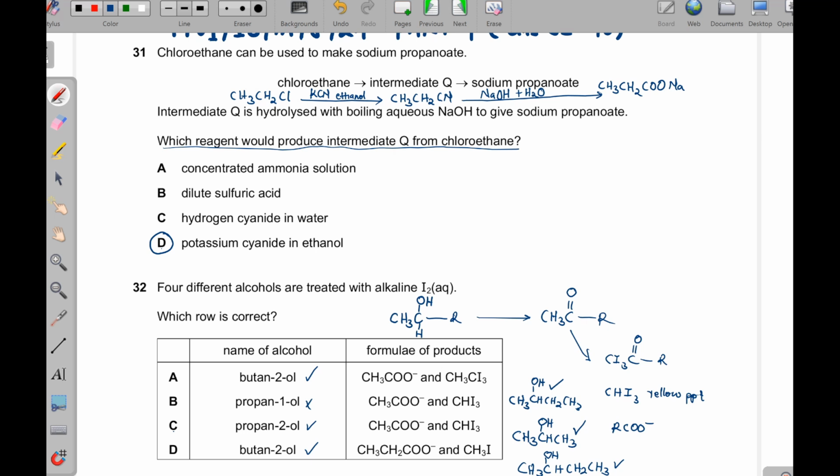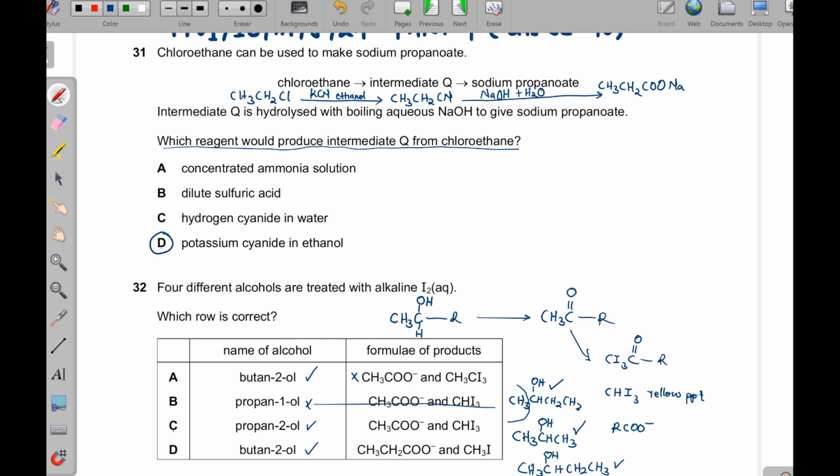This one here is going to have, when you cut this one off, the carboxylate here is going to be a propanoate, CH3, CH2, COOH, but here they gave us an ethanoate. So that means now this one will be off, okay? It will be off. We go to the next one here, propan 1O. Propan 1O, remember this one we crossed it out because of this, so just forget about it.